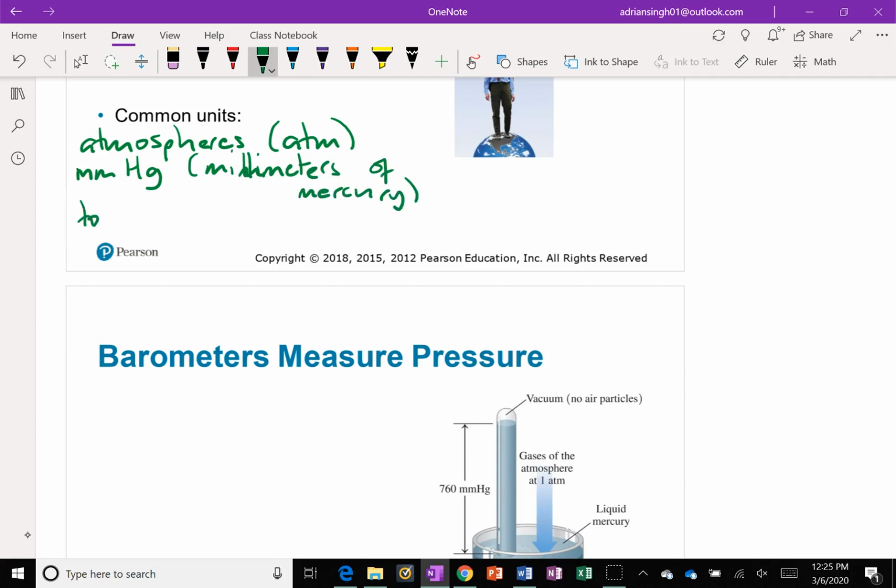And then we're also going to see torr as another unit. And the relationship between them is pretty simple. 1 atmosphere, 1 ATM, is equal to 760 millimeters of mercury. And also 1 atmosphere of pressure is equal to 760 torr.